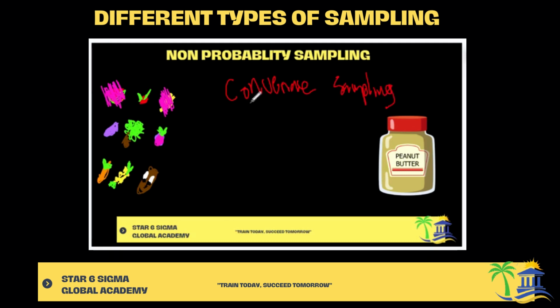Convenience sampling is one of the earliest sampling methods. The selection is based on availability as well as the convenience of the sample for the researcher. This promotes a little bit of bias.